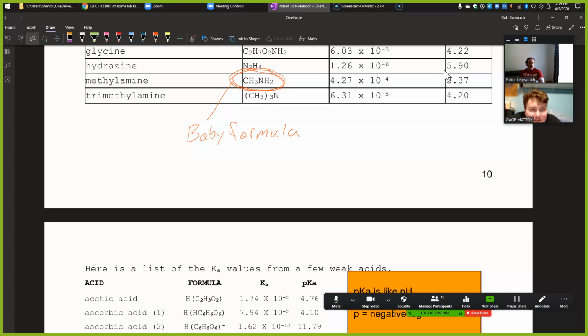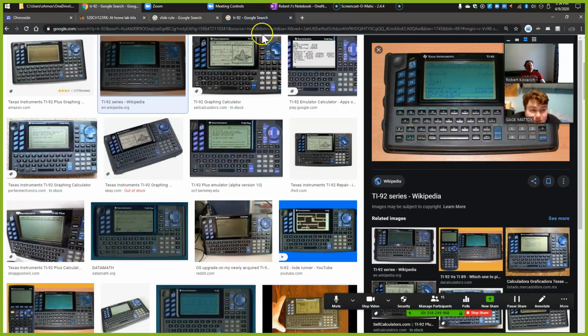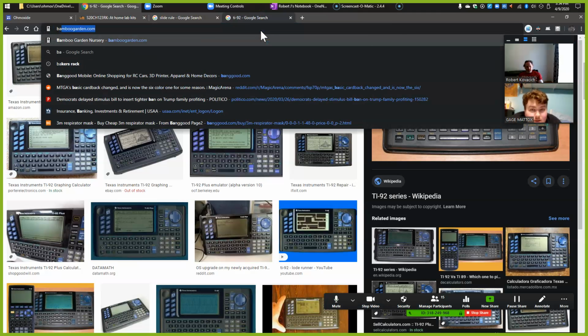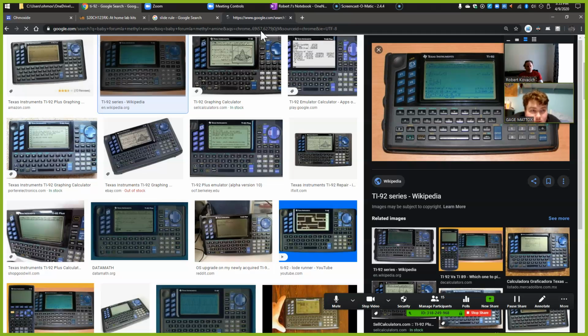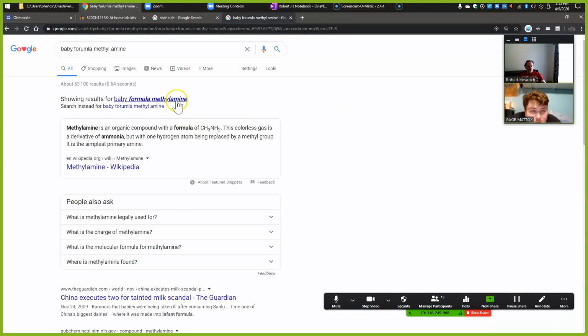Methylamine. Okay, so does anybody remember any scandal with baby formula? People don't like when mothers use baby formula when they're supposed to be breastfeeding. That's not really a scandal. Anything else? Did they put something weird in it? Like methylamine?